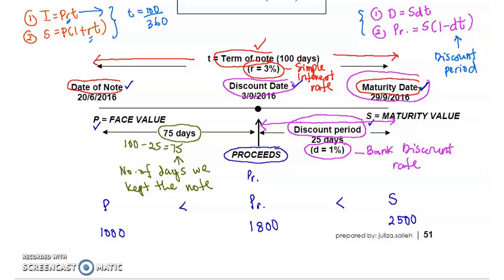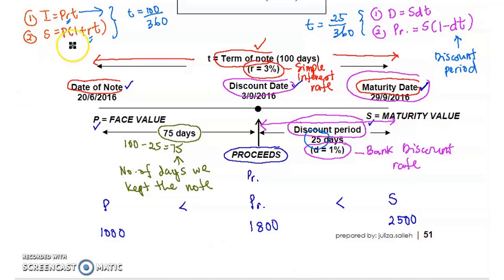From this diagram, it is equivalent to 25 days. So in this case, T equals 25 divided by 360.